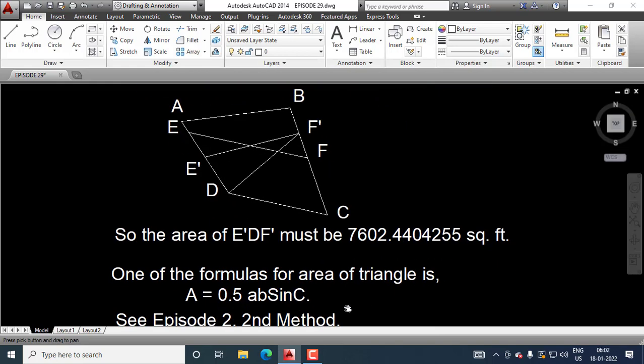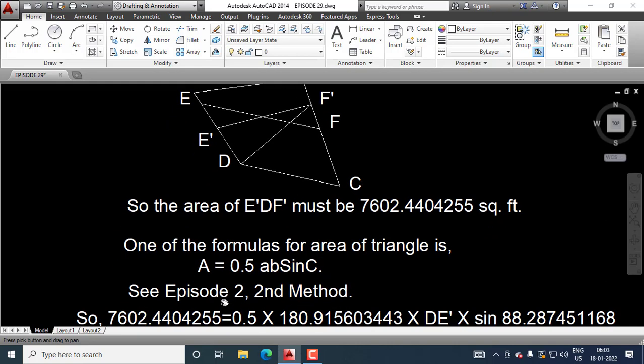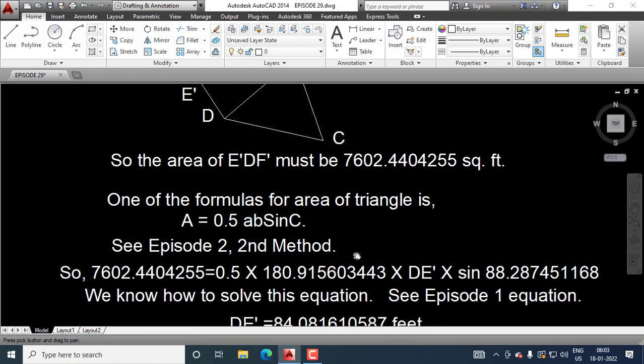One of the formulas for area of triangle is half AB sin C. We saw this formula in episode 2, second method. Except one of these two sides, we know all the data.